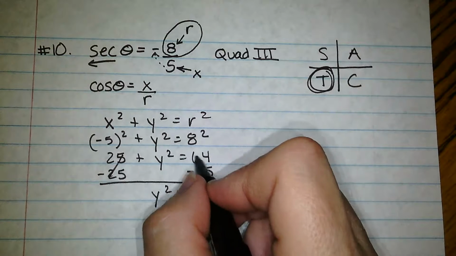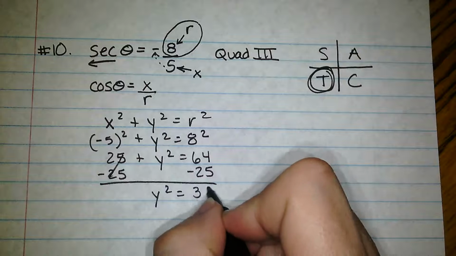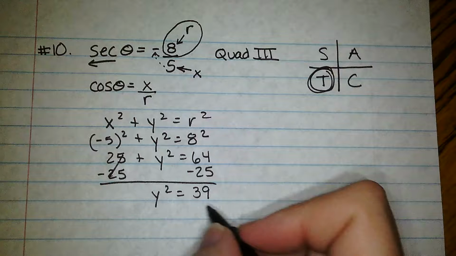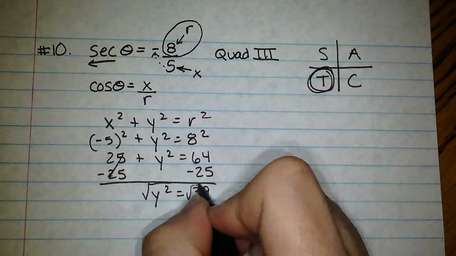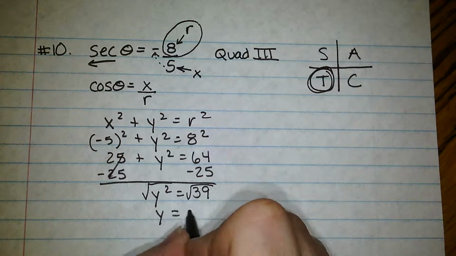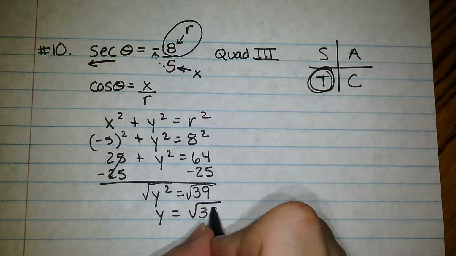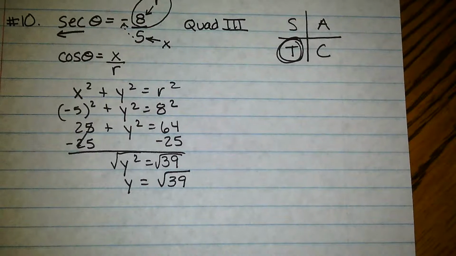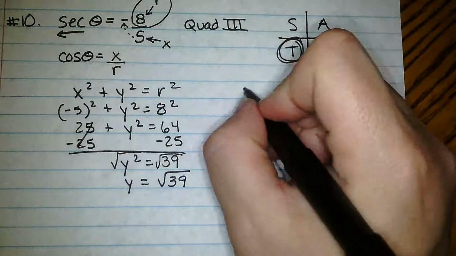This becomes 39, and then we're going to take the square root of 39, which is ugly. All right, so now what we're going to do is write all of the trig functions out.